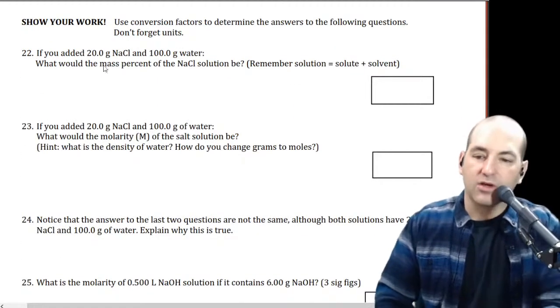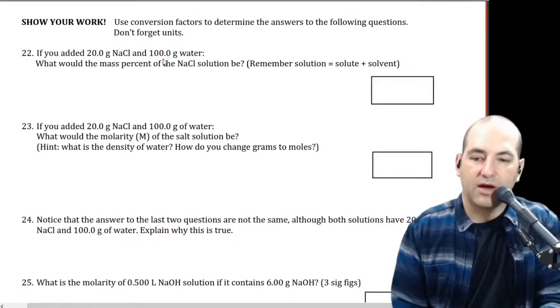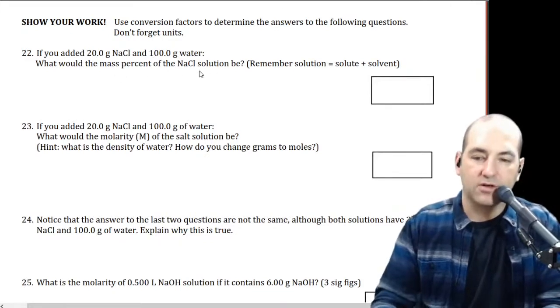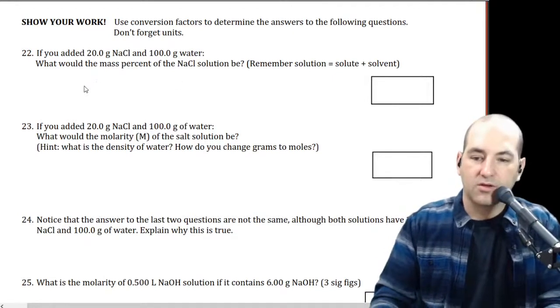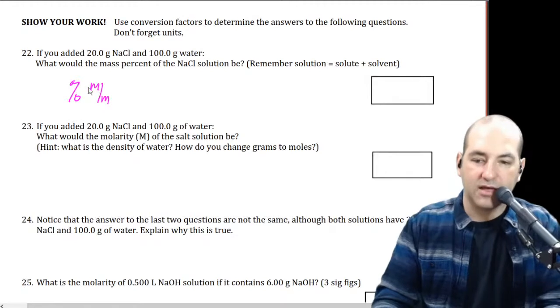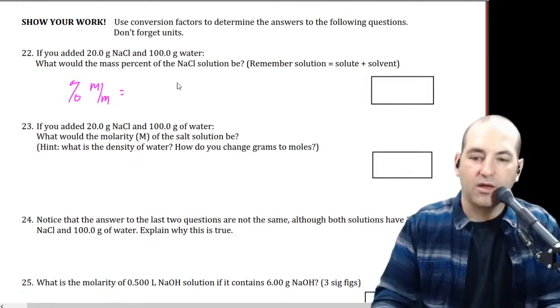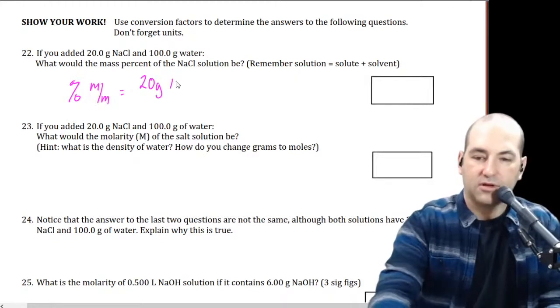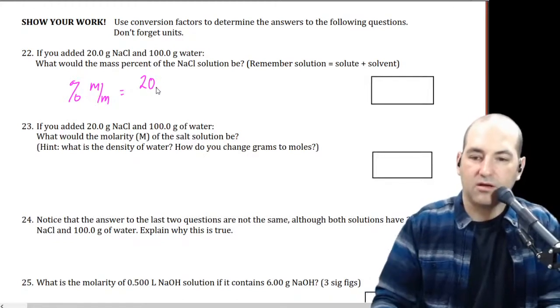Okay. So you added 20 grams of sodium chloride to 100 grams of water. What would the mass percent of the sodium chloride solution be? So the mass percent, which is written percent mass by mass, so mass of solute over mass of solution, is going to be that 20 grams, well, let's use our significant figures, 20.0 grams of sodium chloride divided by the total mass of the solution.